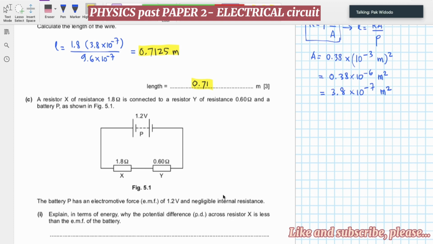Actually, they have internal resistance, so some of the energy was lost.